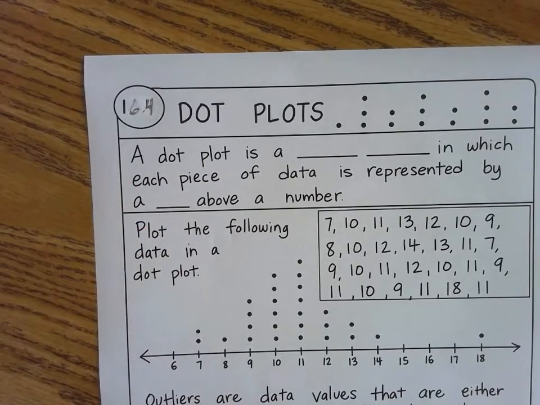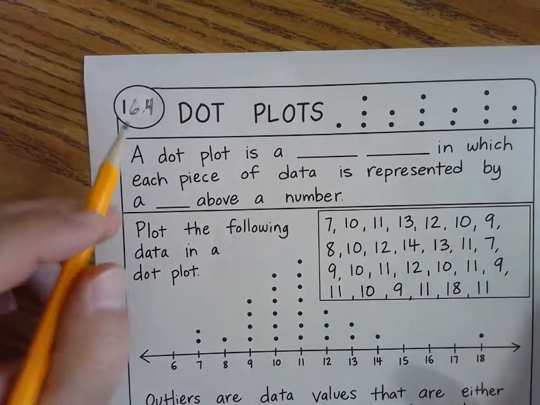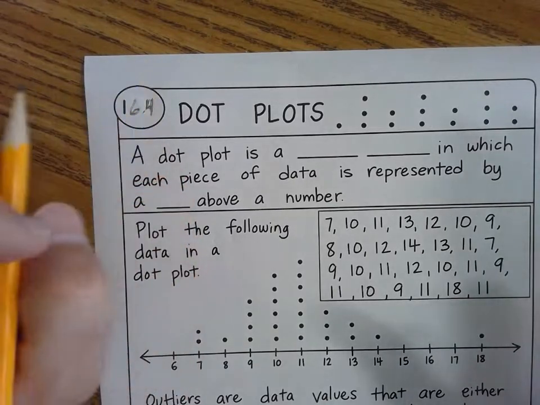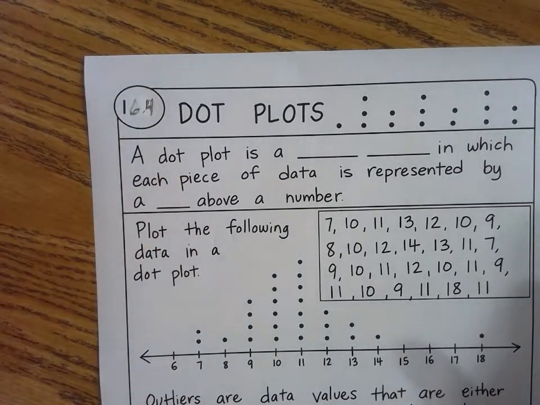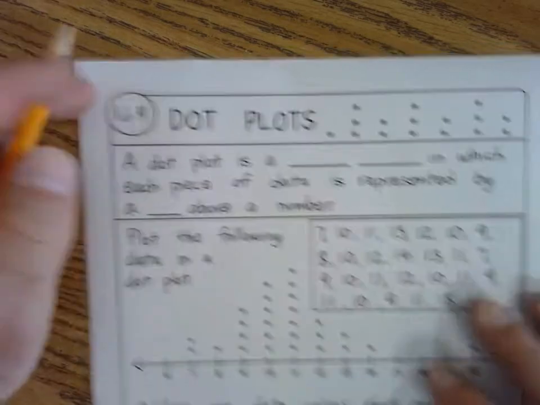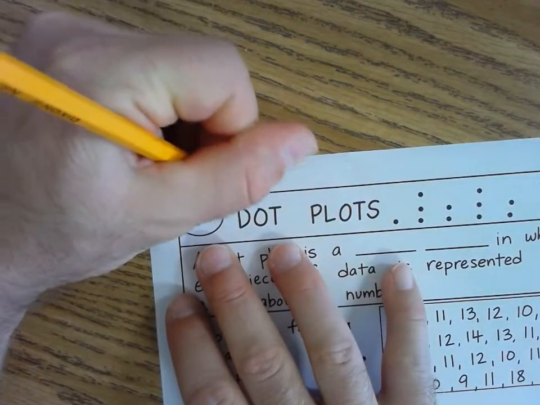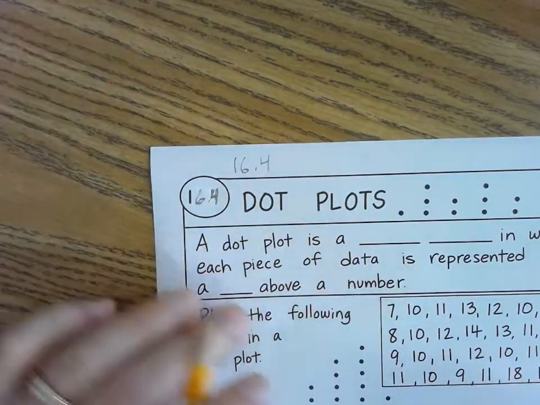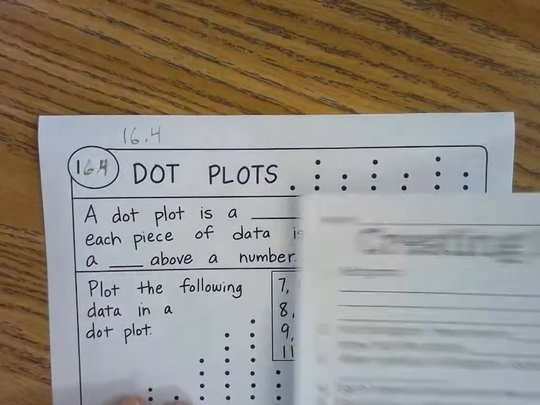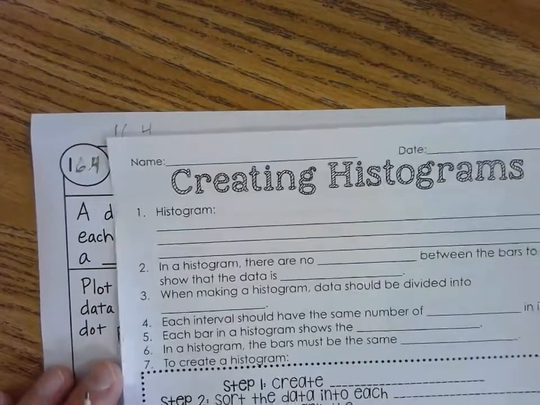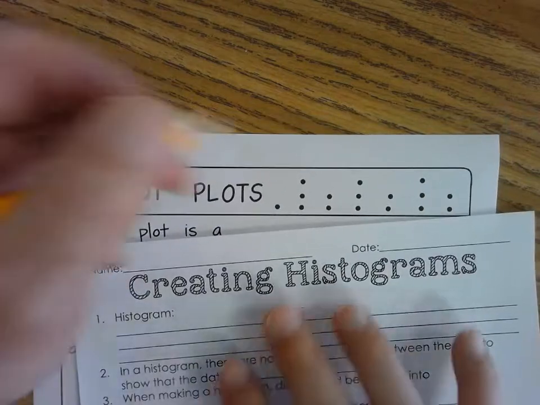Hi guys. So today you have two papers. We're going to go through the notes kind of quickly here, but one is dot plots, okay? So this is 16.4, and the other page that you have is creating histograms, okay?